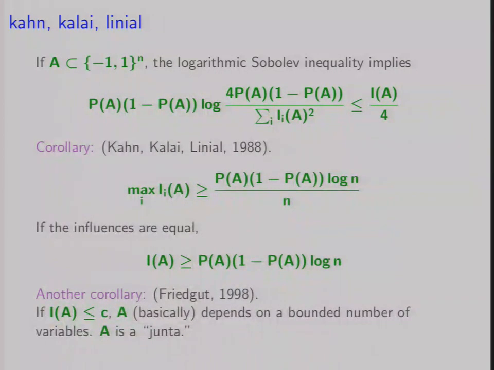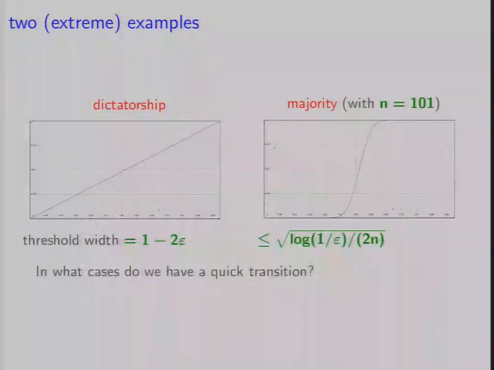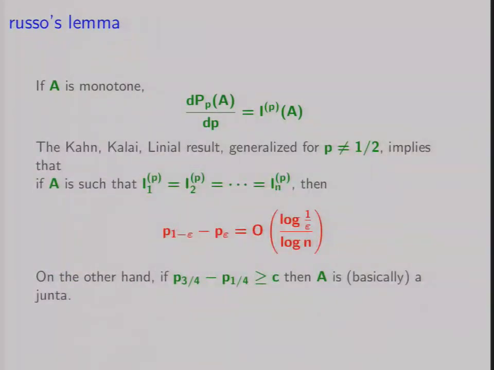How can this be large? Well, this can only be large if the transition is sharp. So the Kahn-Kalai-Linial theorem implies that if the set is symmetric in this weak sense, that all the influences are the same, then we have a sharp threshold. Then the threshold width goes to 0 as n goes to infinity.